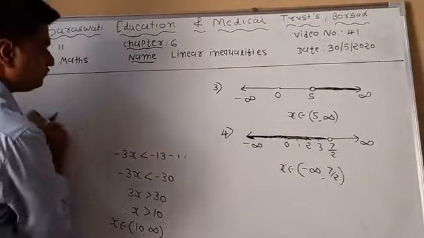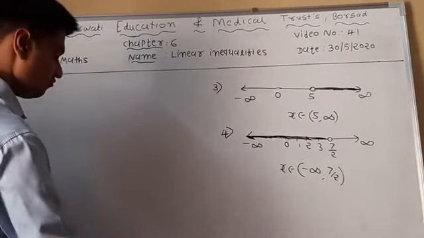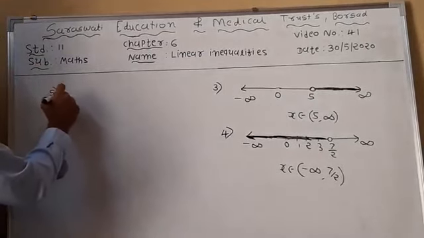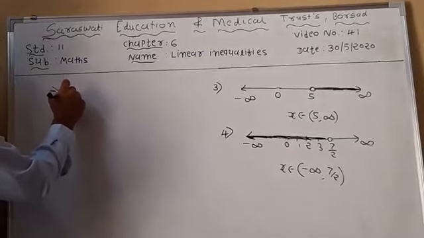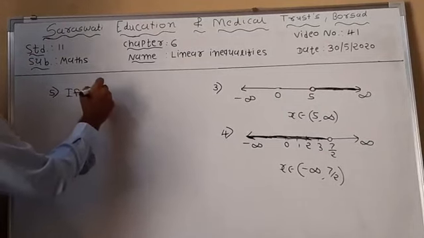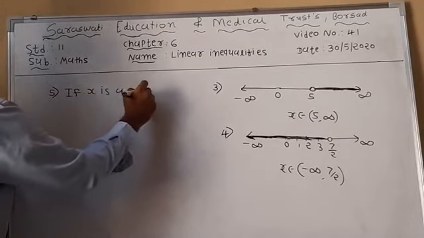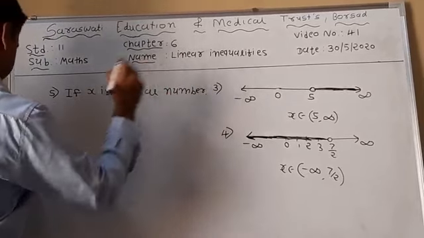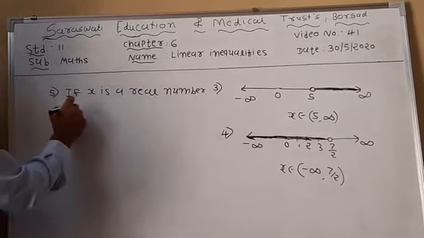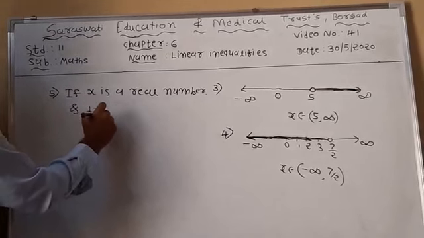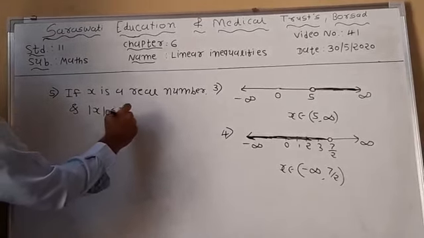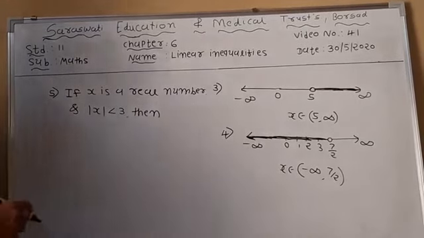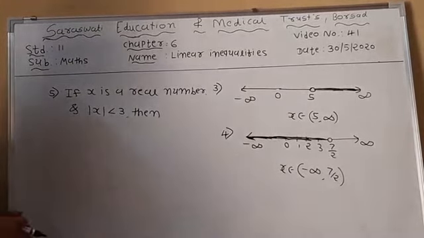Next question, question number 5. If x is a real number and modulus of x is less than 3, then find the relation for this value.